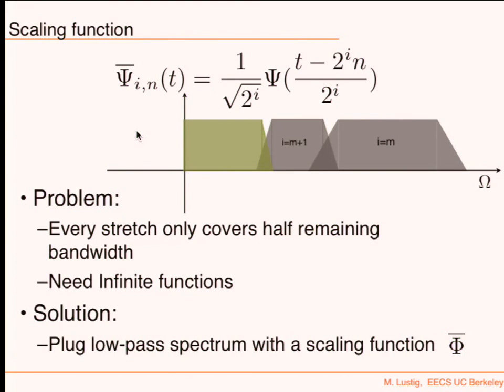We're going to decide how far we're going to go with a stretch, and then we add a function which has a low pass component. So all these are bandpass, bandpass, bandpass. They're getting close to being low pass, but they never are, by definition. Then we're just adding a plug, which is a low pass. And that's enough to represent the entire space.